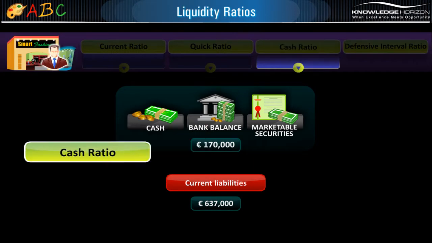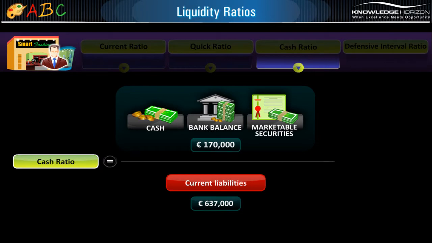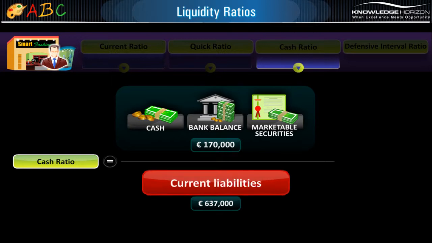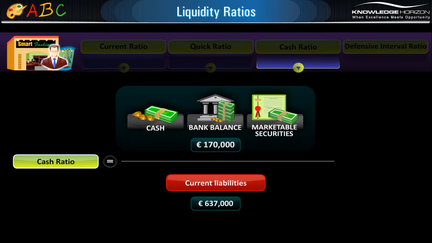TED arrives at the cash ratio by dividing the cash and bank balance plus marketable securities with the current liabilities. In this way, the cash ratio of Smart Fashions comes to 0.27 times.